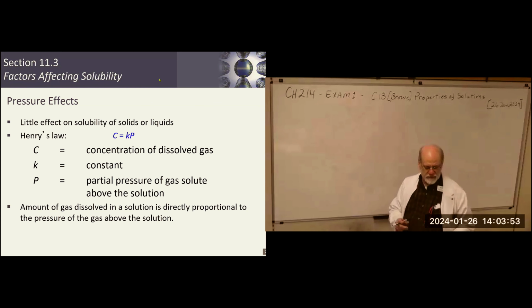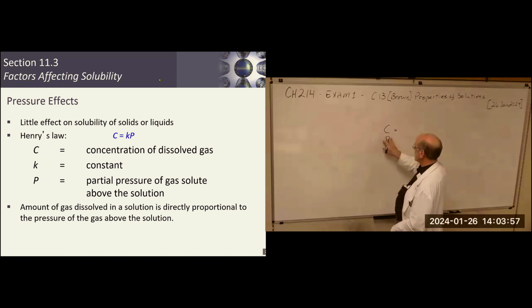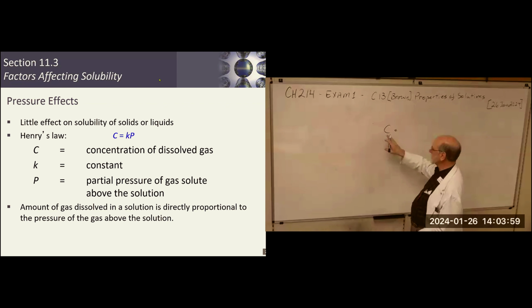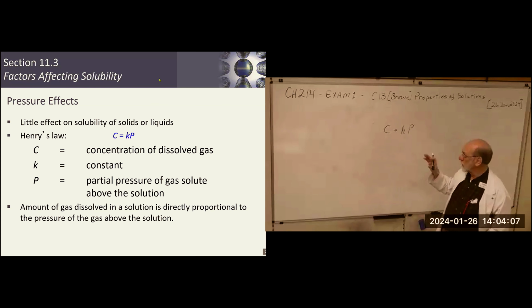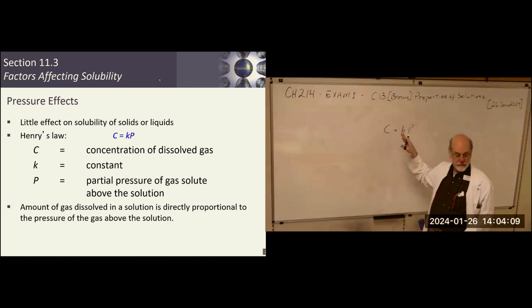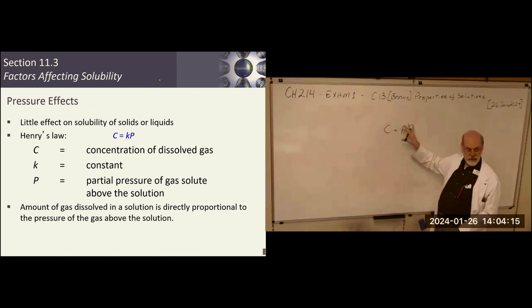The pressure effects here, this is Henry's law. The concentration of the gas in the liquid has a constant multiplier times the pressure. So what that means is it's different for every solvent-solute combination, but it does vary with this relationship.